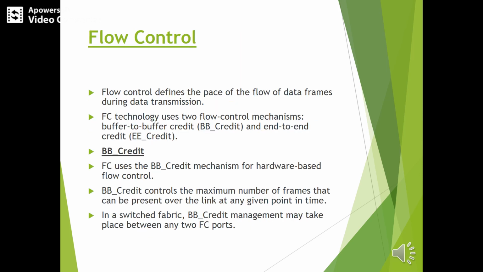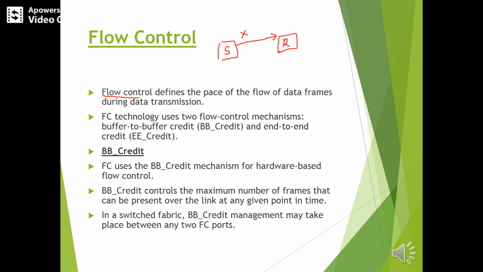Next we'll take flow control. Flow control defines how exactly the flow of data frames can be controlled during data transmission. During flow control, I'll have one sender and one receiver. Suppose the sender is sending data at some data rate, say X kilobytes per second.